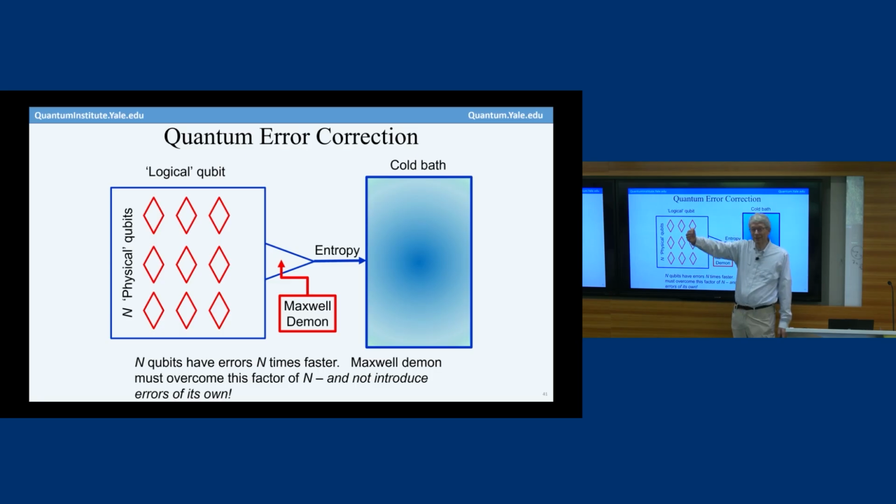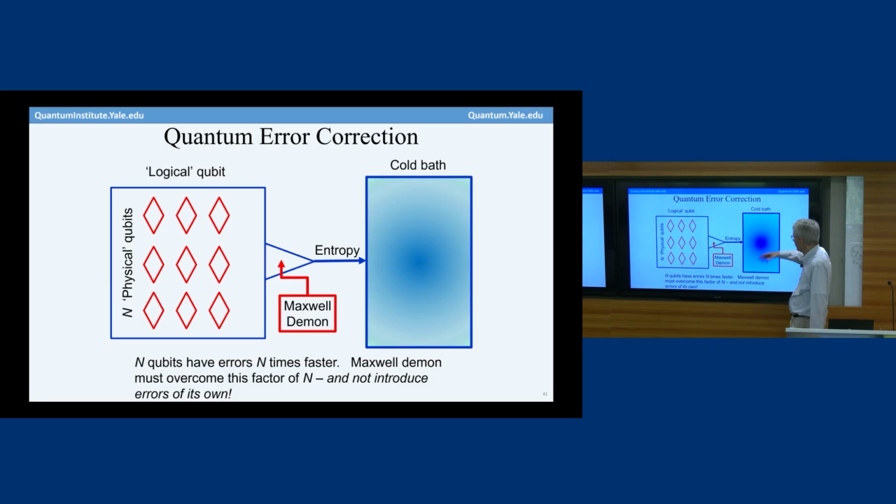and then you get back to where you started, then it has to do even better than that if the error correction gain is going to be bigger than 1. Because the error correction gain is the lifetime of the logical qubit divided by the lifetime of the best single quantum component, a qubit, inside, the best physical one. Okay?